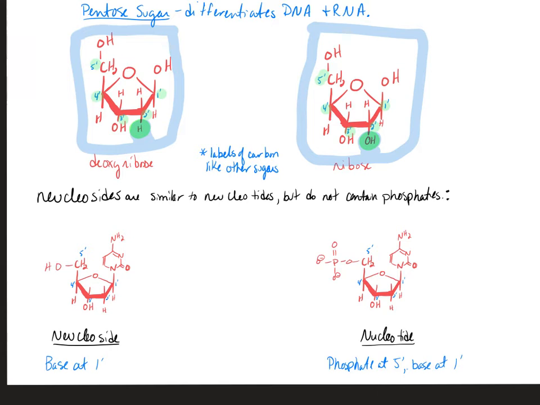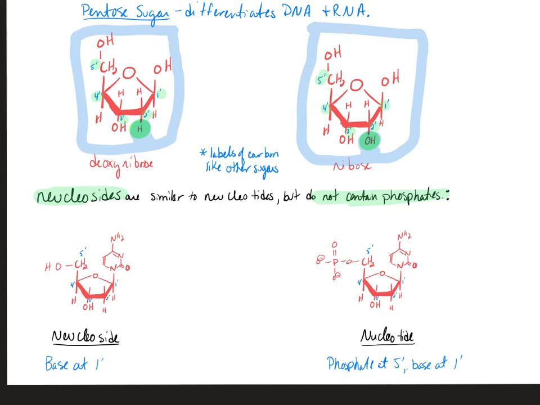Now, I told you that nucleotides consist of 3 things. Well, there's this other subcategory, and that's called nucleosides, and they're easier to build because they don't contain phosphate. So I'm going to show you what the nucleoside looks like, and then we can add in the phosphate and make a nucleotide, okay?